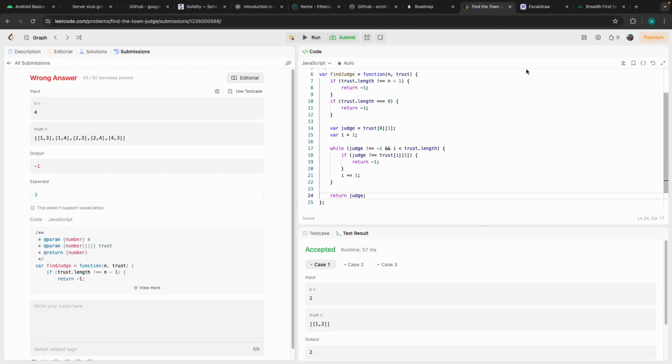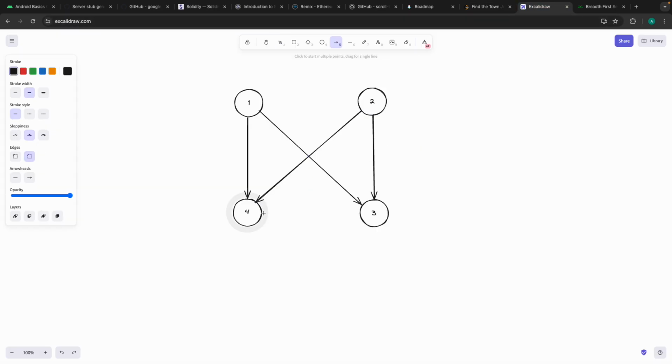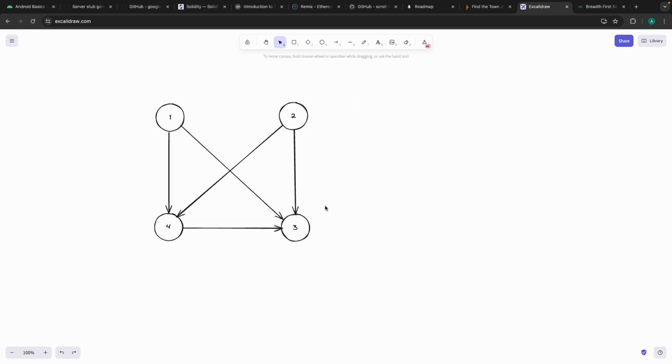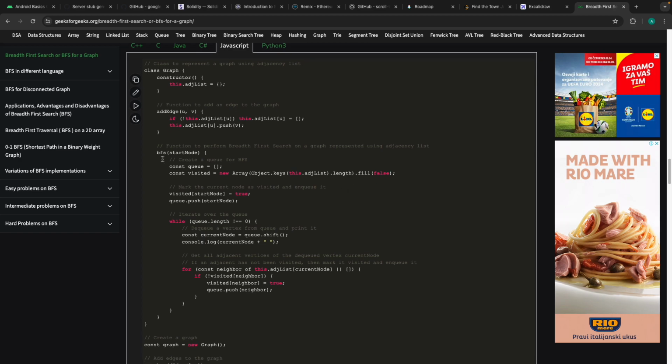And from 4 to 3. So how can we understand from this scheme that the third person is a judge if we use breadth first search?